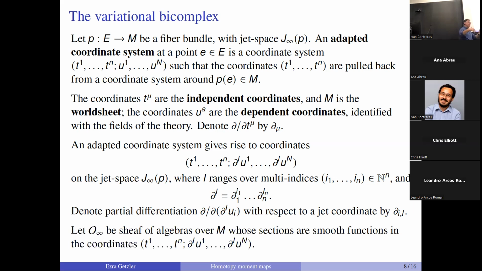Any function locally only depends on a finite number of the variables. That's part of the definition of O infinity, but let's move on. The main point is O infinity is a sheaf of commutative rings, a lot like the sheaf O of smooth functions on the manifold. So we're now ready to do calculus, variational calculus.